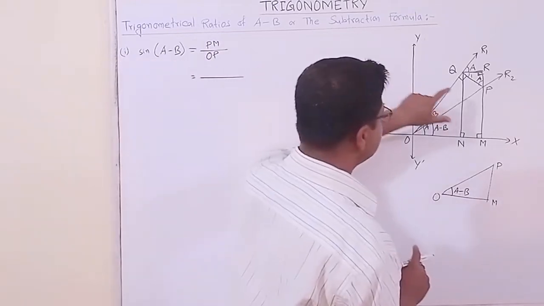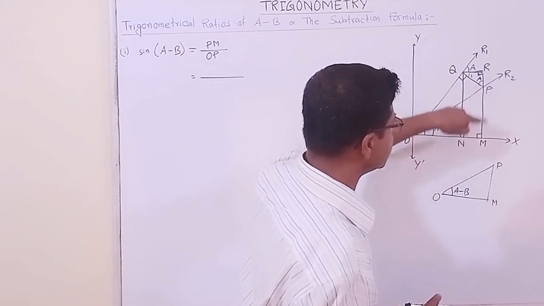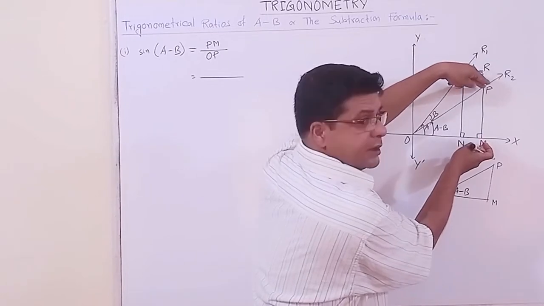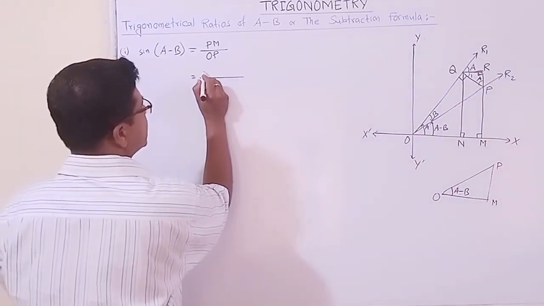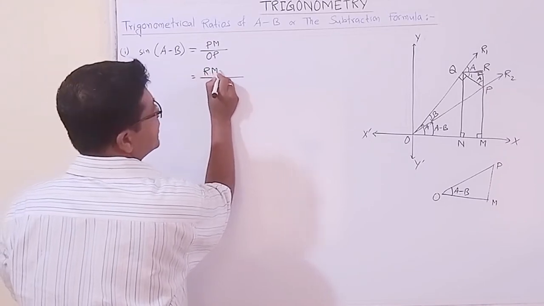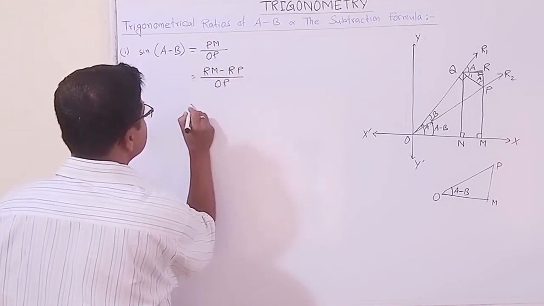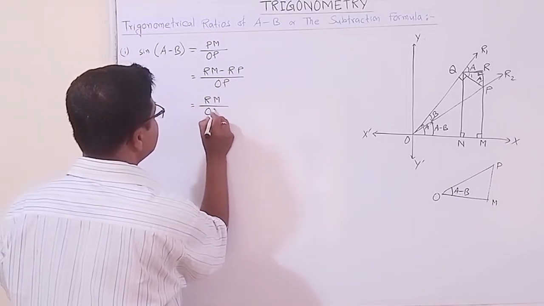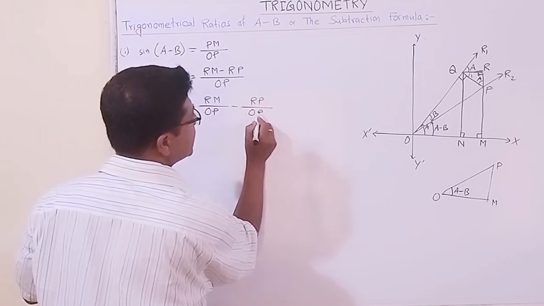Now if you look at the figure, what is PM? PM can also be written as RM minus PR. This distance is equal to bigger one minus smaller one. So that is RM minus RP divided by OP. Okay, so we can separate them also: RM by OP minus RP by OP.